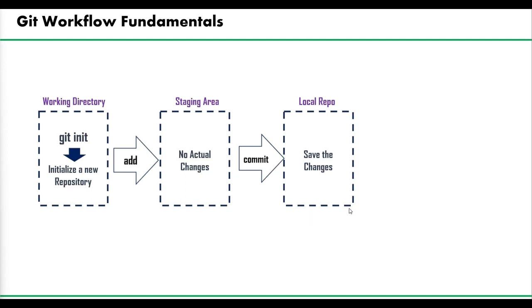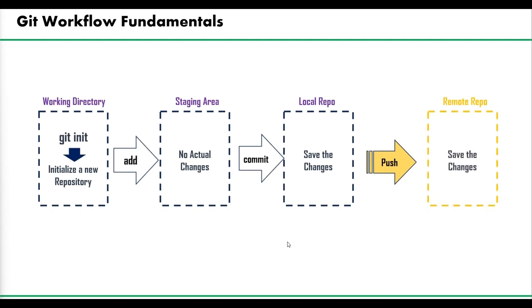But everything we have explained until now, these three steps, is on our local machine and not on the remote server. To implement these changes in the remote repository, we need to use the push command. But what is the remote repository? The remote repository is a version of your local repository hosted on a remote server, such as GitHub or GitLab.